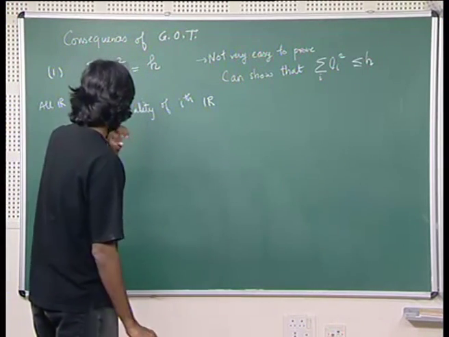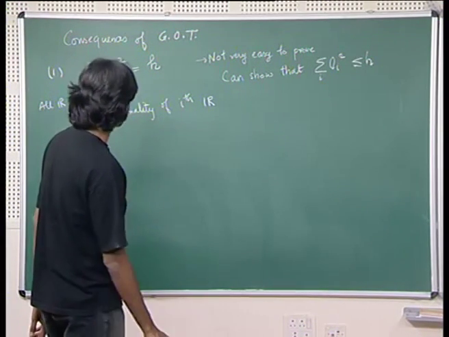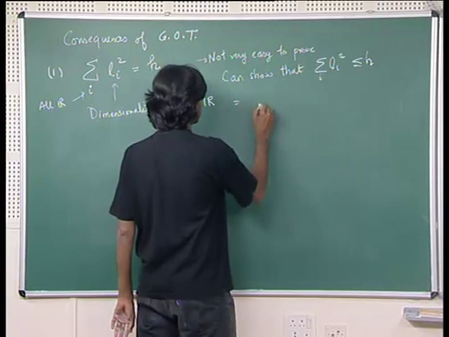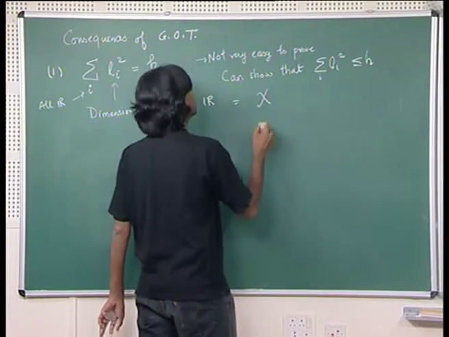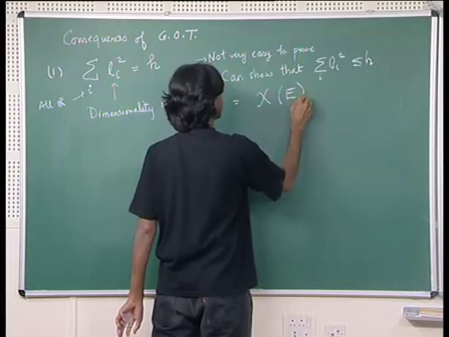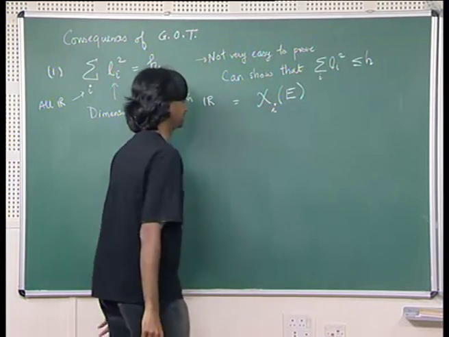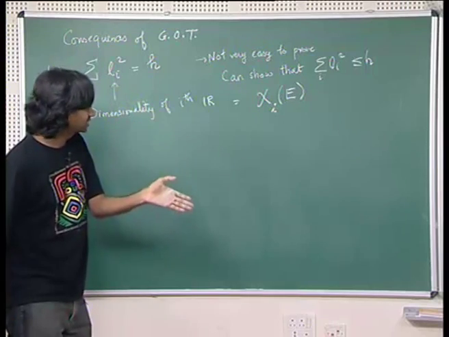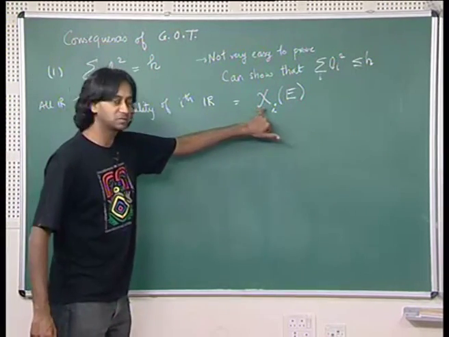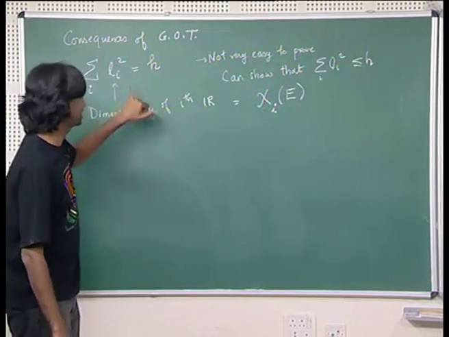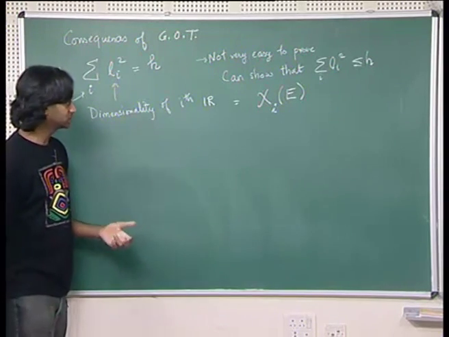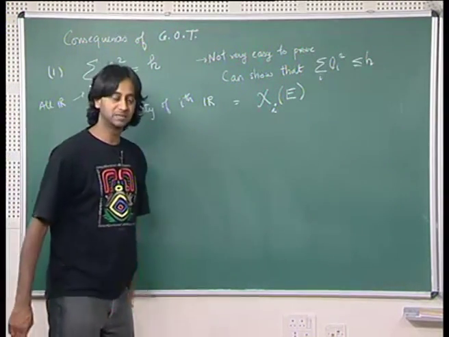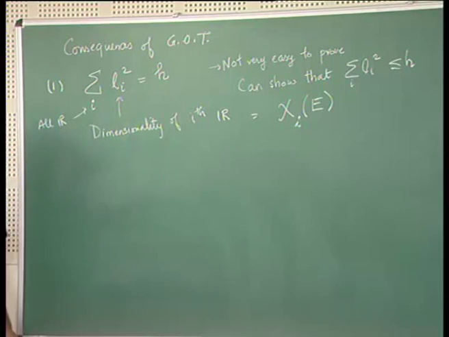Now the dimensionality of the ith irreducible representation is nothing but the character of the identity in the ith irreducible representation. The identity element just has one along the diagonals, so the trace of the identity is nothing but the dimensionality of the representation.